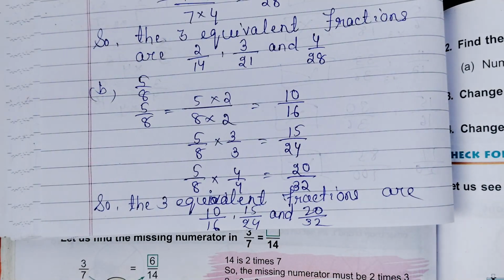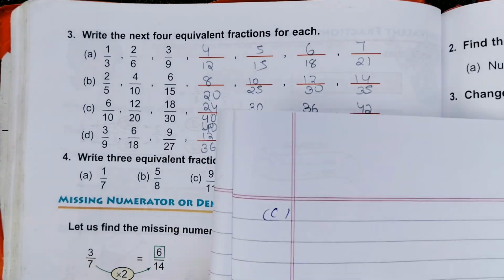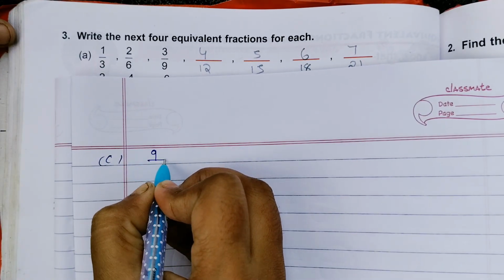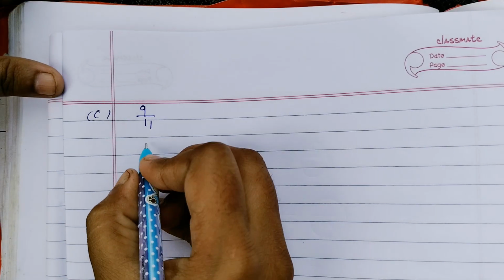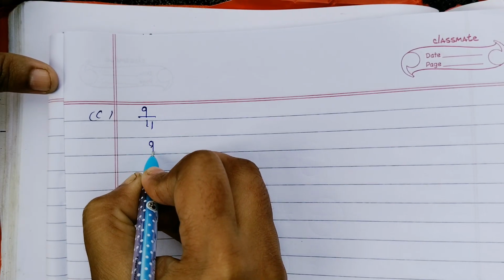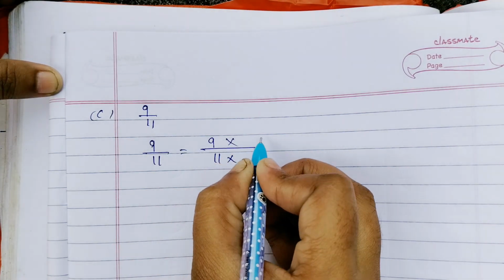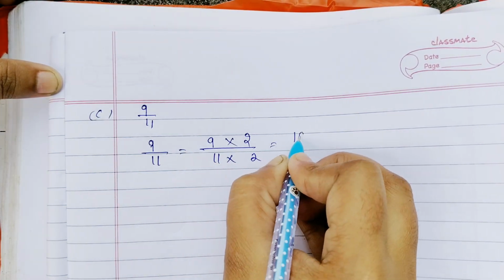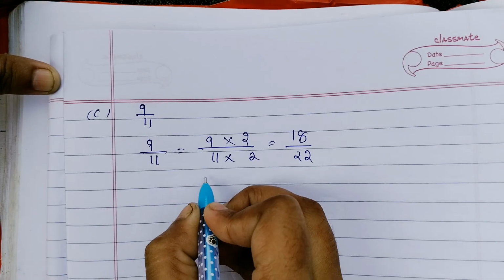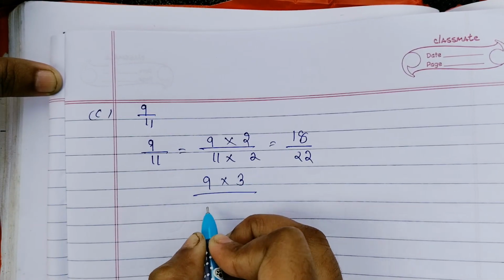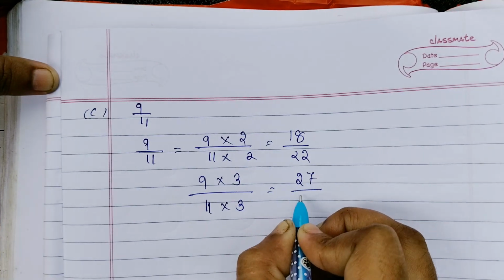Now we solve another point C. 9 by 11. The next three equivalent functions of 9 by 11 are, first we multiply 2. 9 by 11 equal 9 by 11 into 2. Multiply 2. 9 times 2 is 18, 11 times 2 is 22. Then we multiplied 3. 9 times 3 is 27 by 11 times 3 is 33.